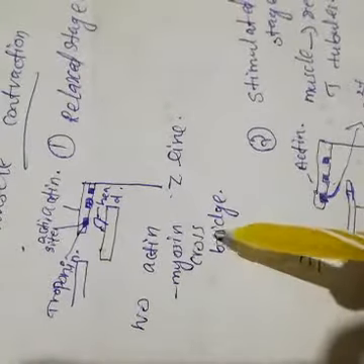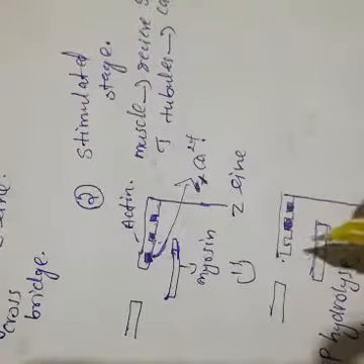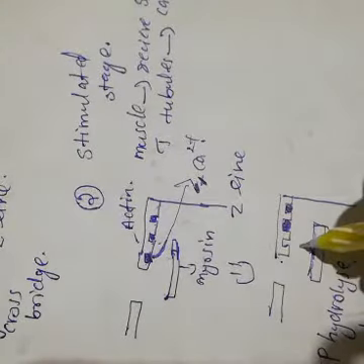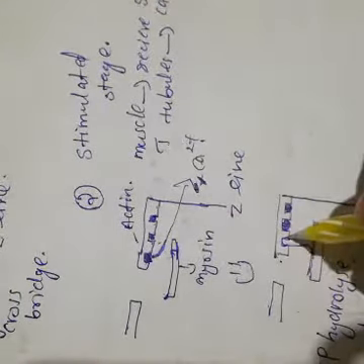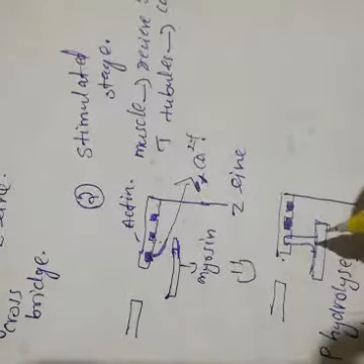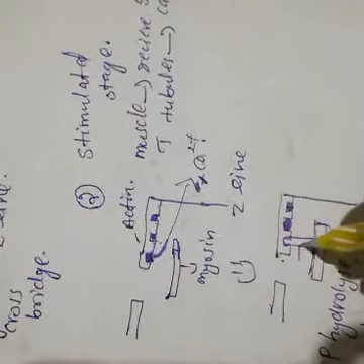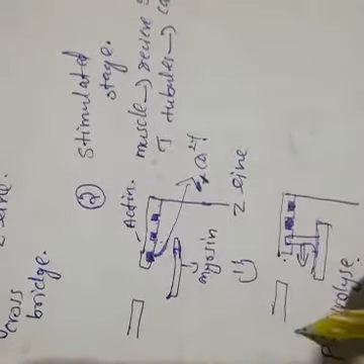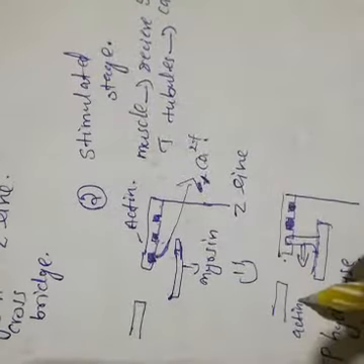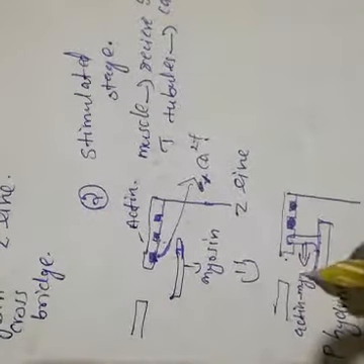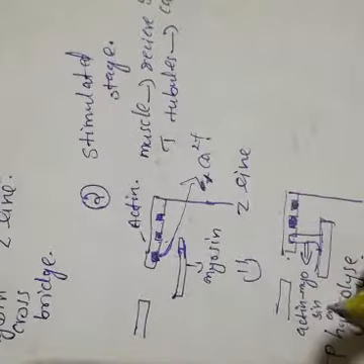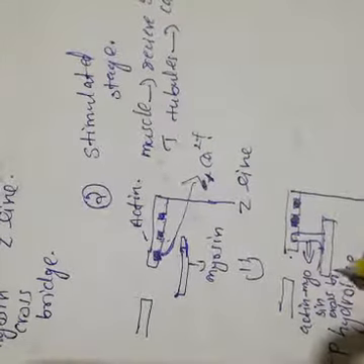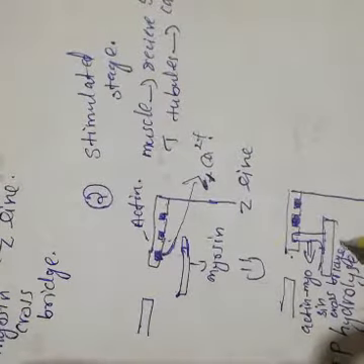We already discussed it in the previous video. The remaining part of the energy will be used for the attachment of the myosin head at the free active sites, and this connection between actin and myosin is called the actin myosin cross bridge.